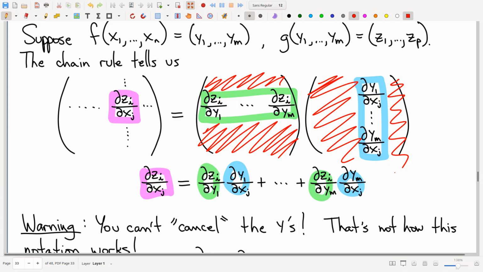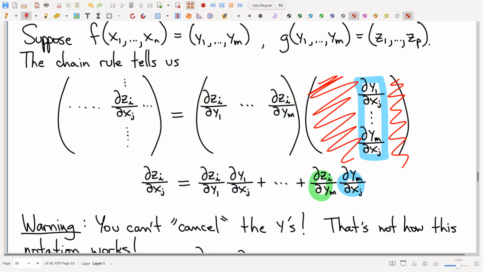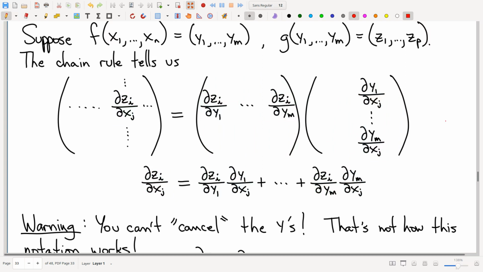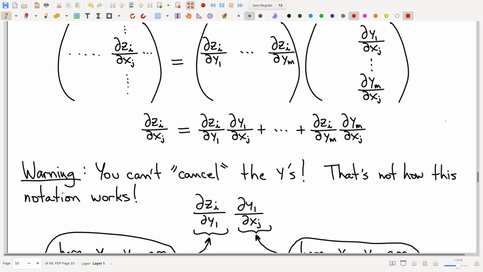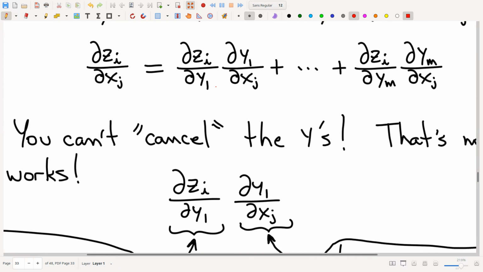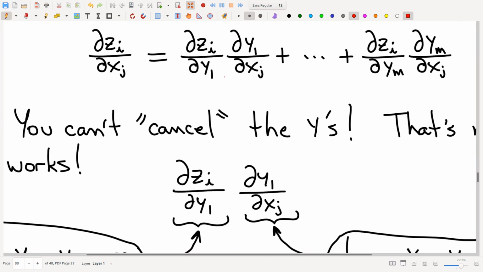So this formula has its very nice uses. I do want to point out a potential danger with this formula, and you're going to notice it in the process of writing this formula down. I write this, and it's equal to, and then I write down the first term. Keep in mind, all of this comes out of the matrix multiplication.